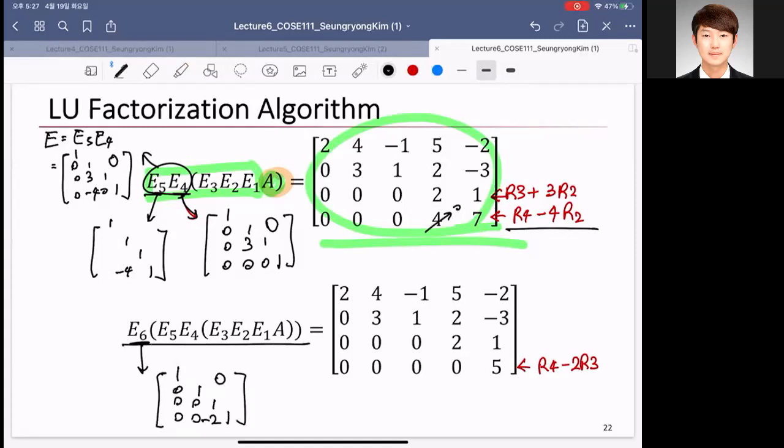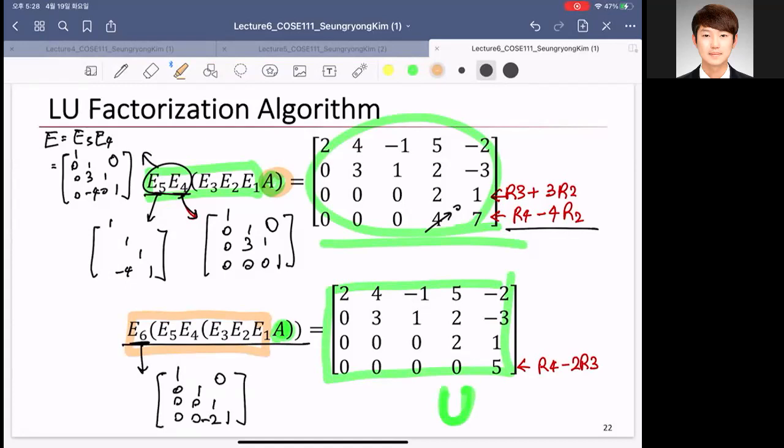Looks like this, right? So this is echelon form, right? Echelon form of matrix A. Then let's say this is matrix U. In other words, matrix A is further reduced to the echelon form U by using this matrix, by this matrix.